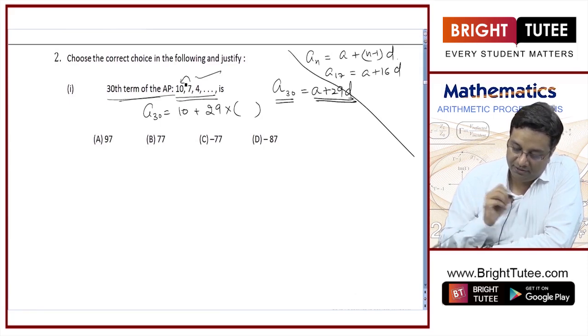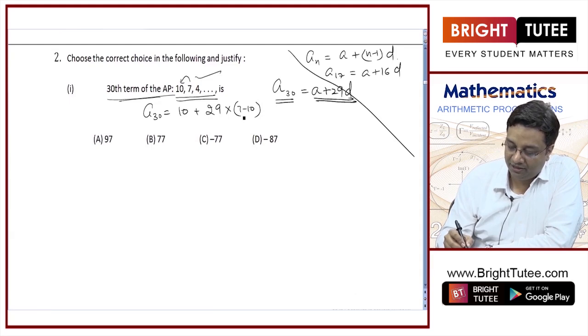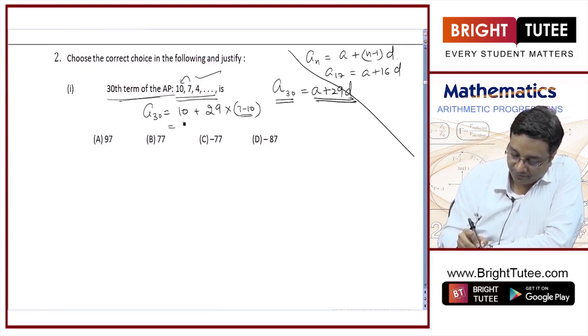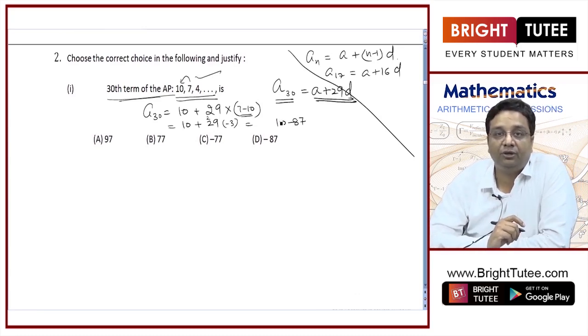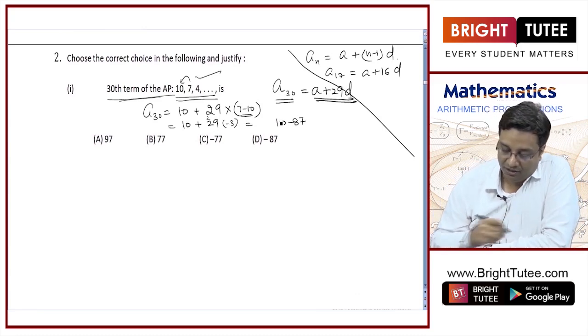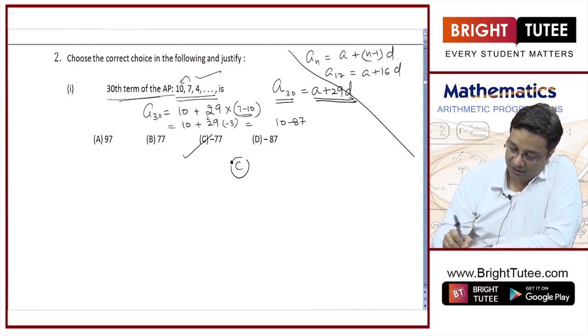You subtract 7 minus 10, so minus 3 is the common difference. 10 plus 29 into minus 3 will become minus 87. So 10 minus 87 is equal to minus 77. So what is the correct option? The correct option is option C.